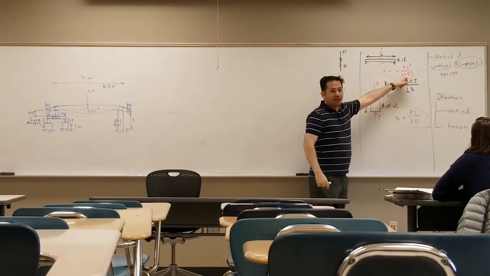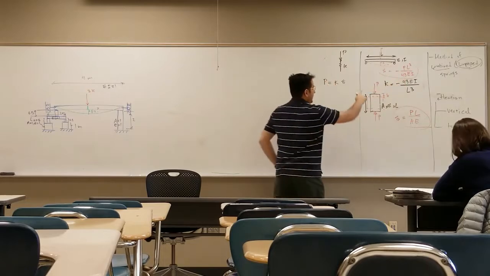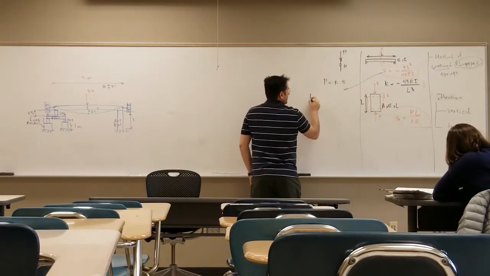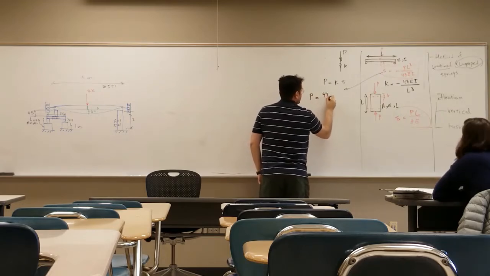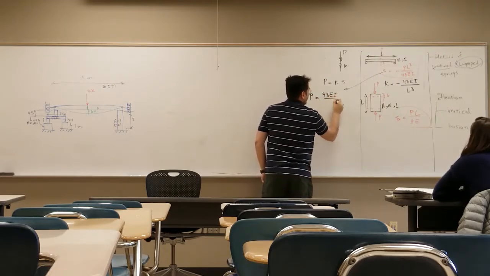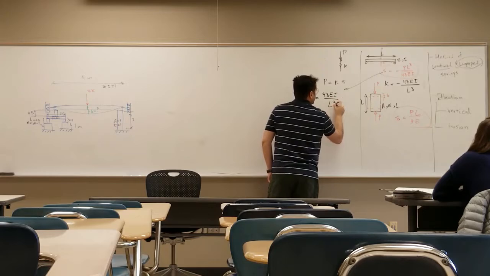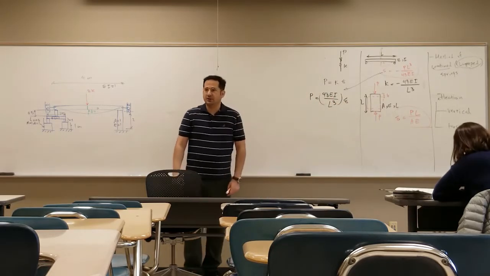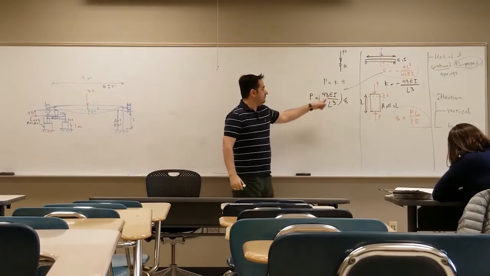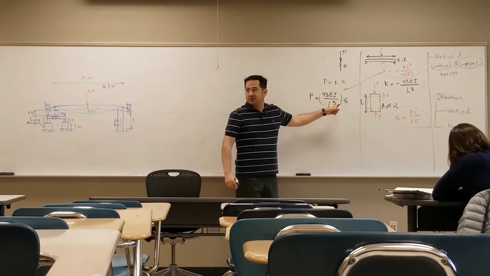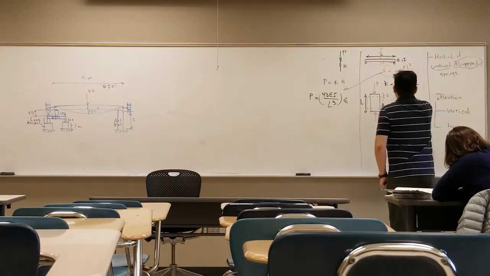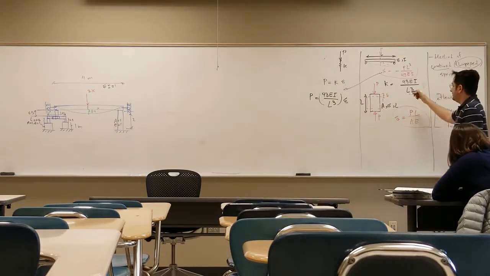Now, rearrange this formula in this form. 1 by 48 EI divided by L cubed. I'm just rearranging this formula. So you get P is equal to 48 EI over L cubed times delta, just absolute value. So compare this relation with that. What is my K? 48 EI divided by L cubed.